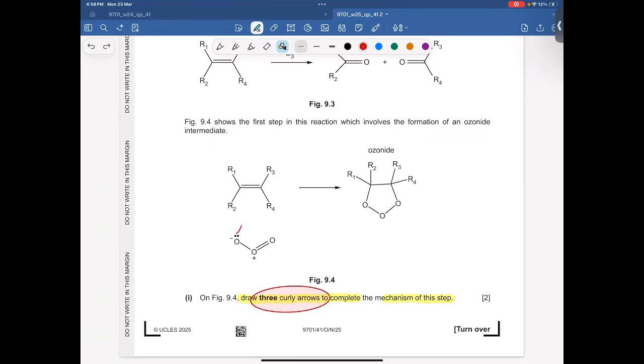This lone pair reacts with this carbon atom. At the same time, the pi bond of the alkene reacts with this oxygen, and to eliminate the positive charge of oxygen, the bond shifts onto this oxygen atom. I hope it makes sense to you.